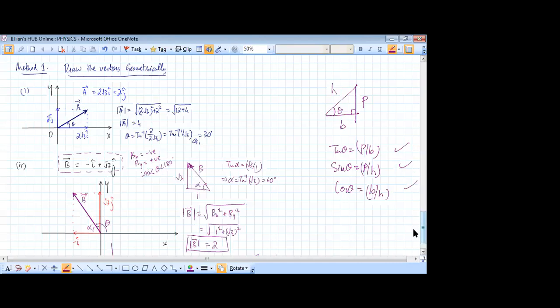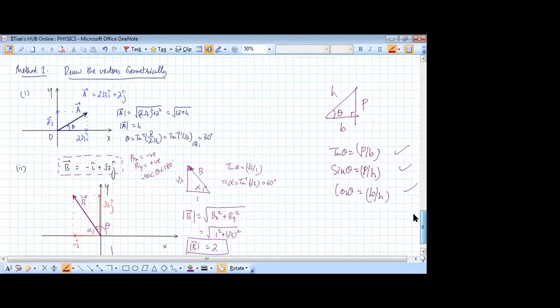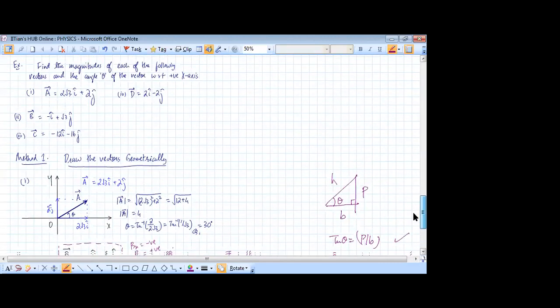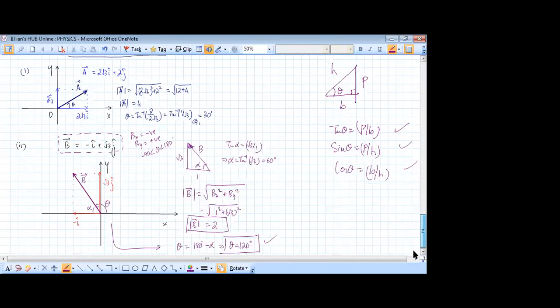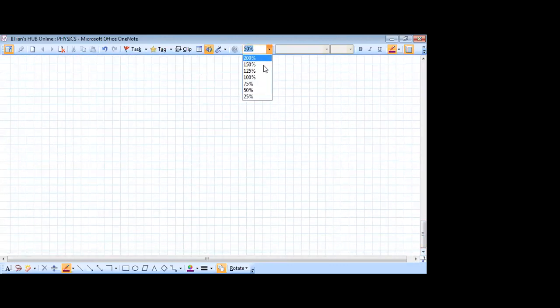Yeah, I'll come to that. Yes. Let's just complete the other two also. So the vector C, sorry, the other one, minus 12 i cap minus 16 j cap. Let's look at that one next.